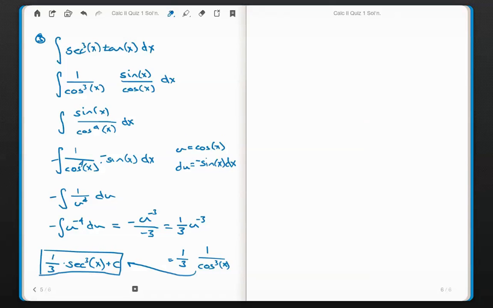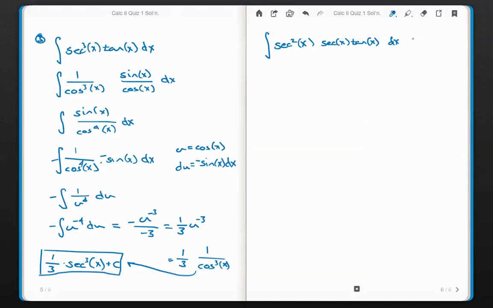All right. Now, what happens if you're a little more clever, though? I look at this and write it as secant squared of x times secant x tangent of x dx. Why would I do that?